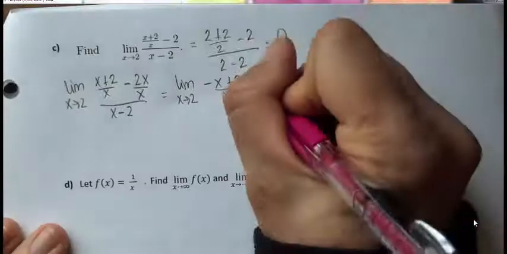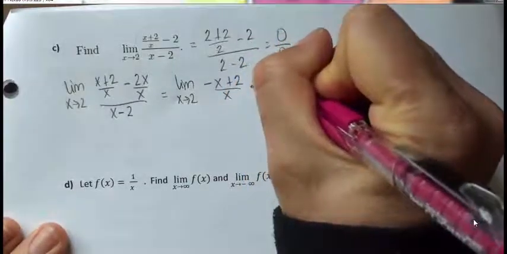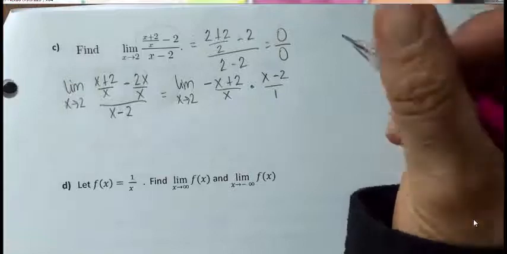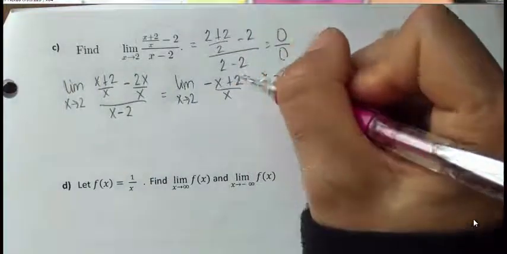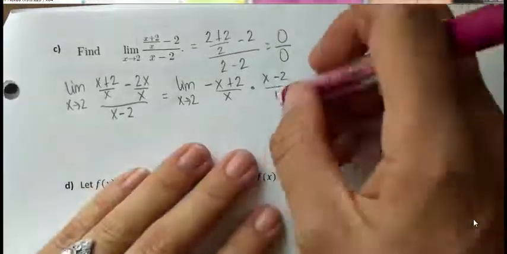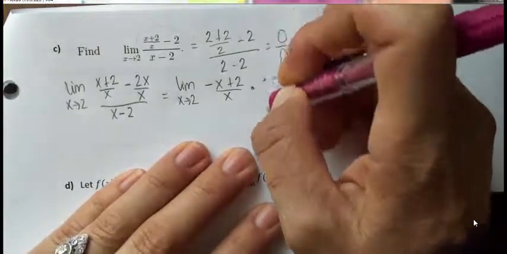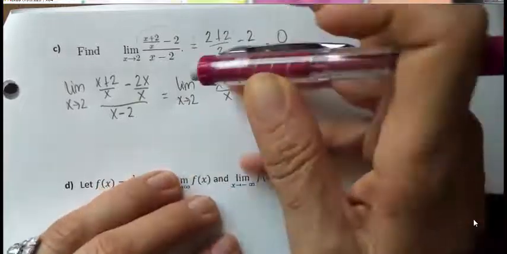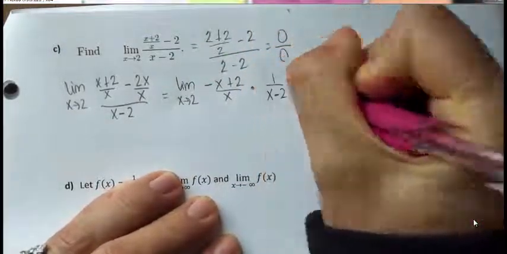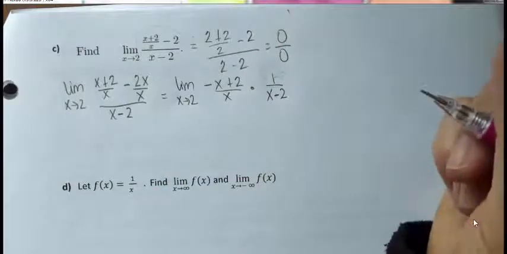Instead, we multiply by the reciprocal. I messed that up. Don't divide by x minus 2. Multiply by its reciprocal. Sorry about that. I said it, but I didn't do it.